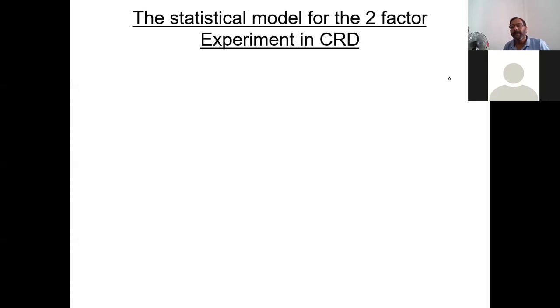So, what is the model? Yij equals mu plus alpha i plus Eij.